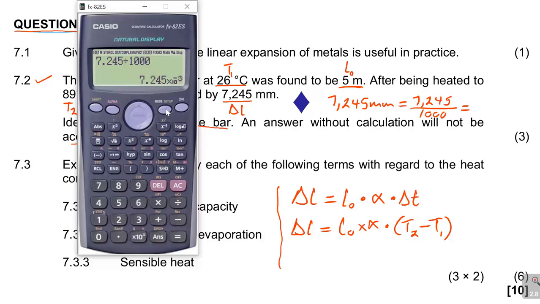Now you can actually change that into a decimal, and then you say shift, then you say fix, which is 6, and then up to 9 decimal places it can give you the actual number, which is 0,007245.